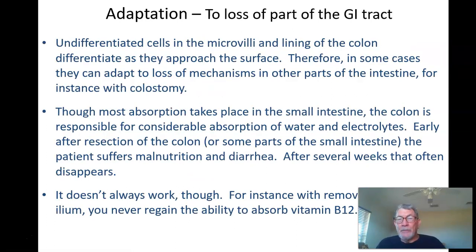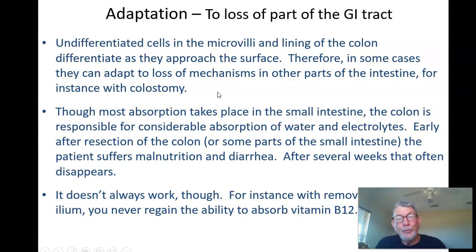And it's not terribly uncommon, unfortunately, to lose part of the GI tract, to injury, to a blockage where they have to cut it out, to cancer, or something. If you lose some parts of the GI tract, remember the GI tract has, below the normal cells, a lot of stem cells that are able to become different kinds of cells.